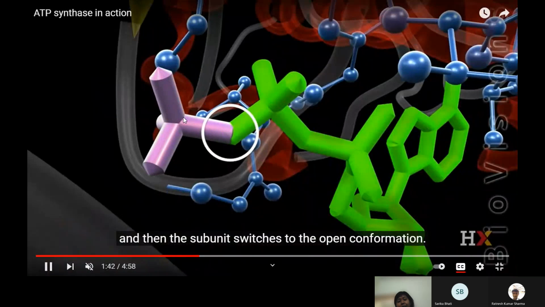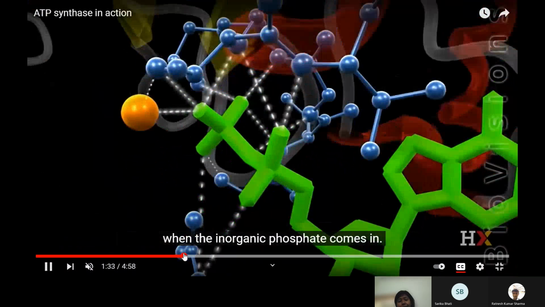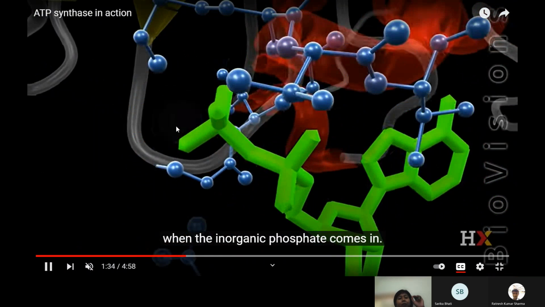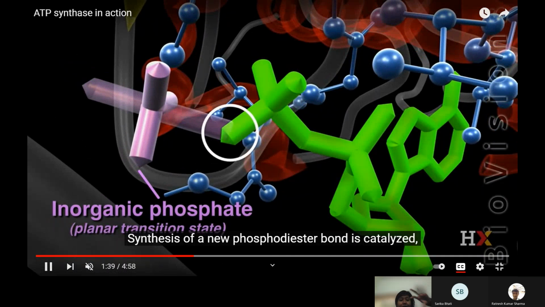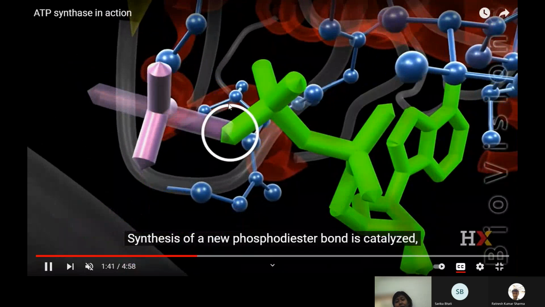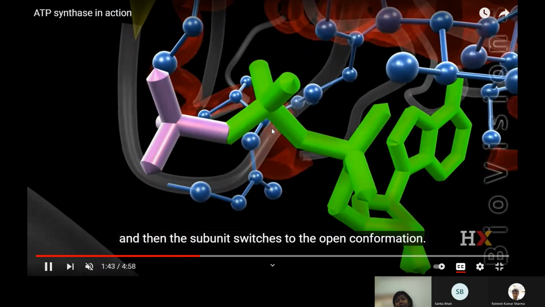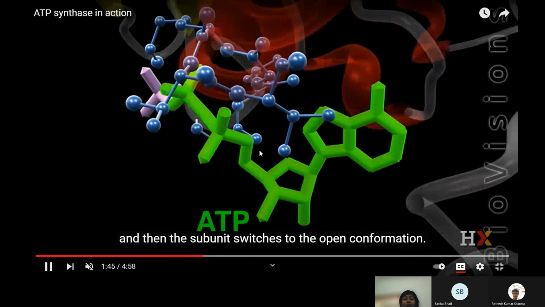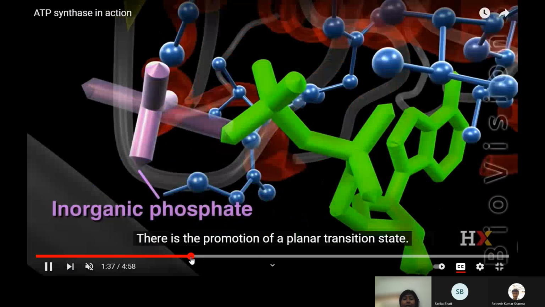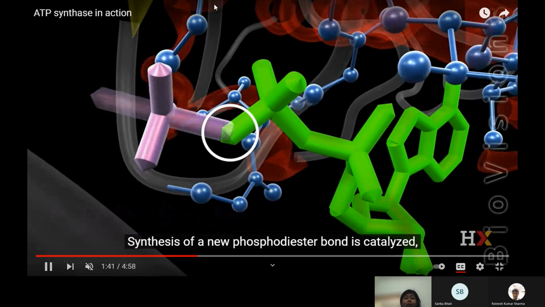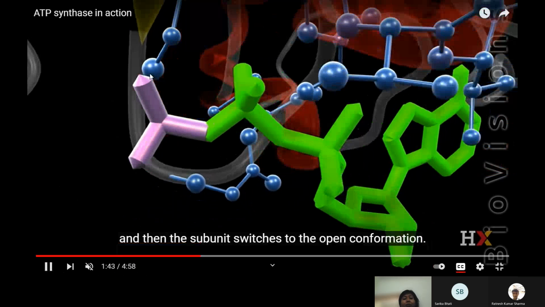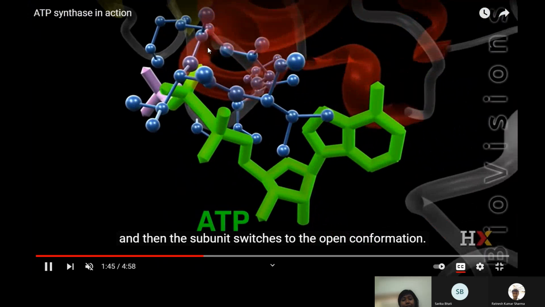Now you have the next phosphate group coming in. But when the next phosphate group comes in for catalysis, it has to be reoriented so that they're all in the same plane. If they're not in the same plane, this catalysis wouldn't take place. And this reorientation is also occurring with the help of the hydrogen bonding interactions that are taking place with nearby molecules.